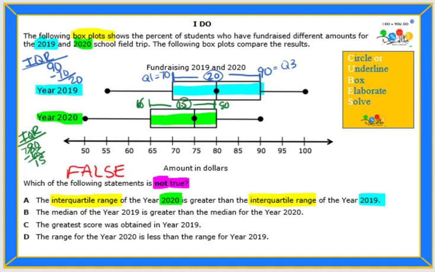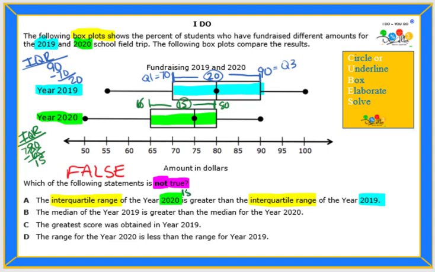Okay, so we have a numerical value to compare them now, and it matches what we originally thought by just looking at it, right? The blue one is spread out further. Its interquartile range is 20. And the green one is spread out less. Its interquartile range is 15. So I'm going to put that here so that we can have the data.